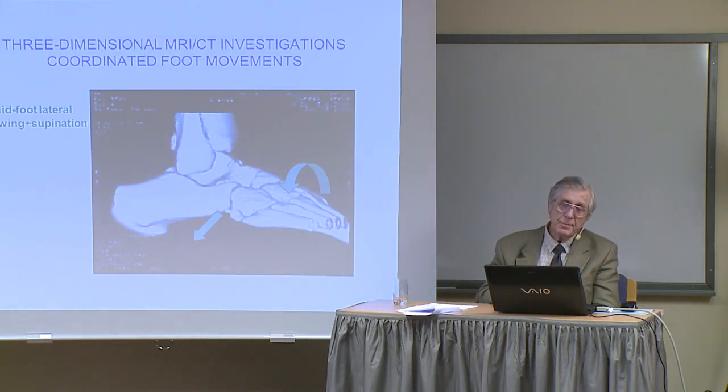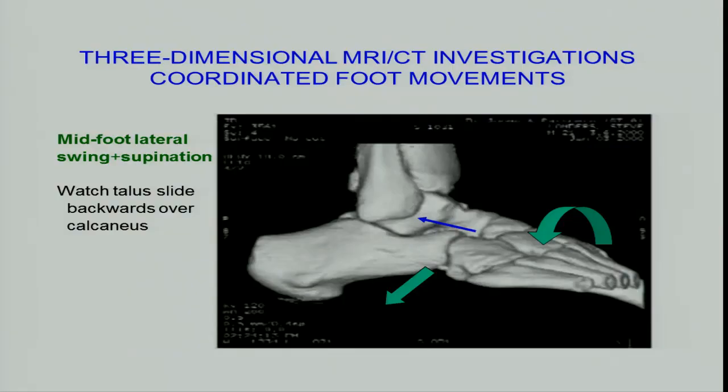So we're going to do the same thing again, lateral swing of the forefoot segment and supination of the midfoot. Watch the talus being pushed backwards, and also observe that the calcaneus supinates, but not as far as the navicular and the cuboid. It does a halfway house.